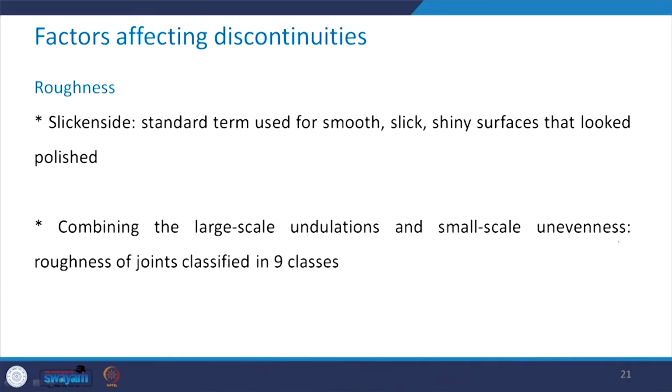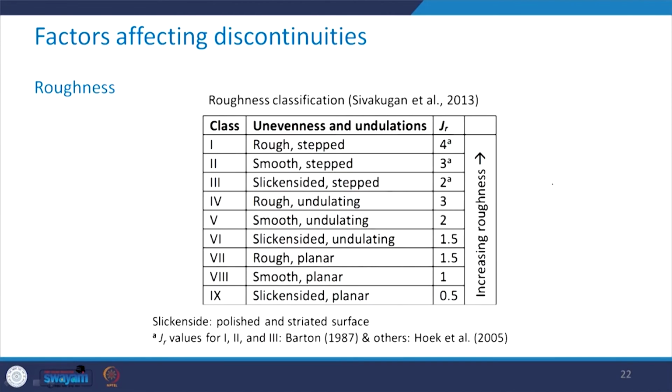Now, combining the large scale undulations and the small scale unevenness, the roughness of joints is classified in 9 classes. Have a look here. Roughness is represented as JR, and in this direction roughness increases. So you have 9 classes, 1 to 9, with all the combinations.